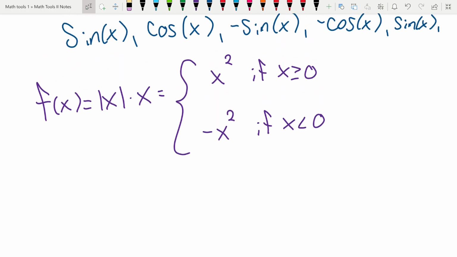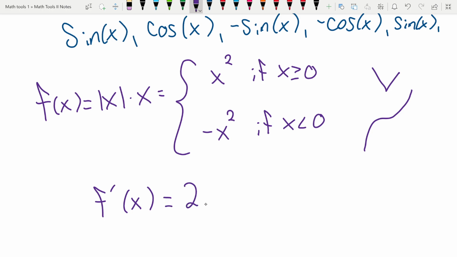But we can take the first derivative of this. Unlike the absolute value function itself, which is sharp at 0, this one actually looks more like this. It kind of looks like a cubic function almost, but the values are different, but it has that same general shape. So the first derivative does exist. The first derivative is actually 2 times the absolute value of x.